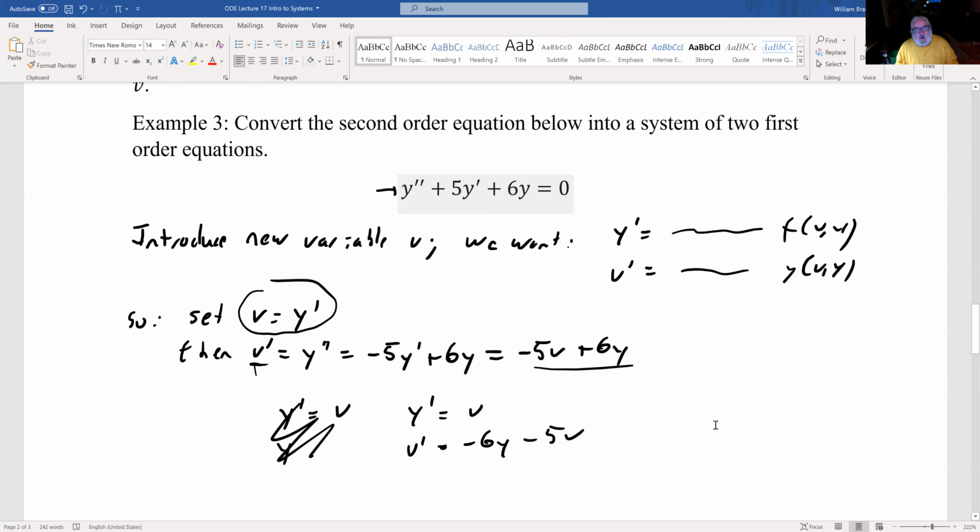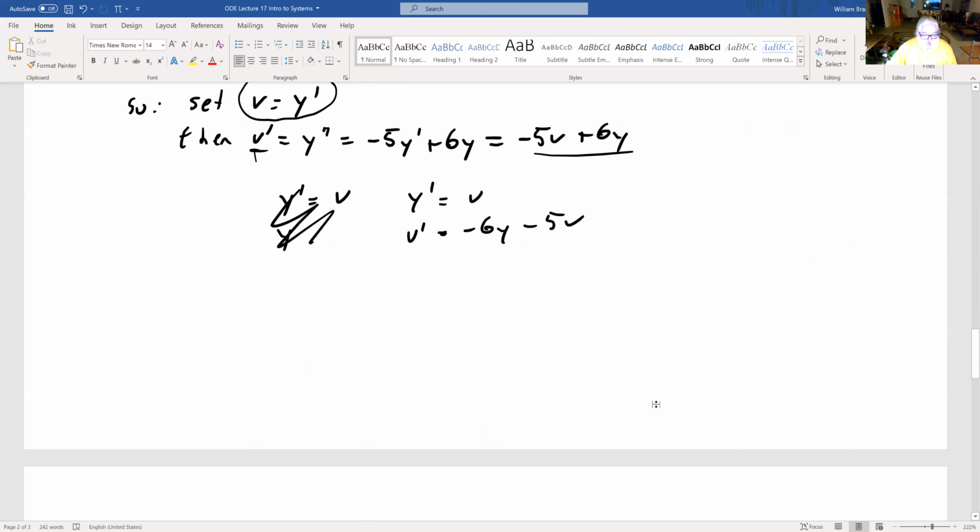We got rid of one derivative. Instead of a second order derivative, we've got first order derivatives, but the penalty we have to pay is now we have two first order equations, and it's not decoupled actually, because y prime depends on v and v prime depends on both y and v. So we would need some methods of solving systems of equations to solve this thing.